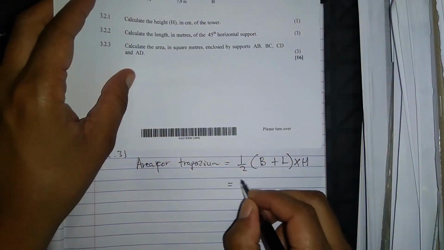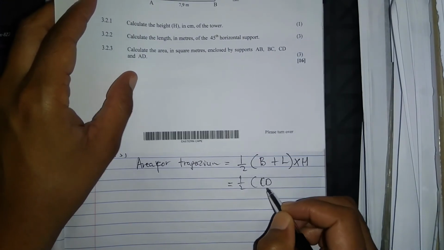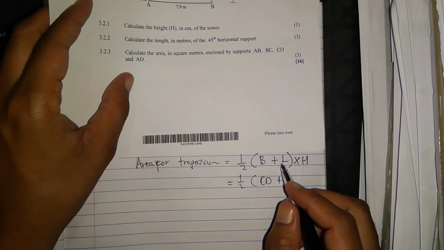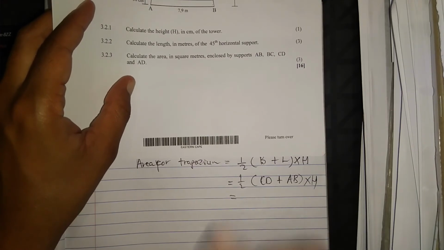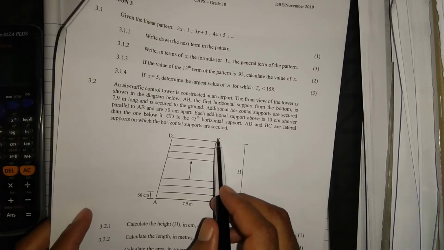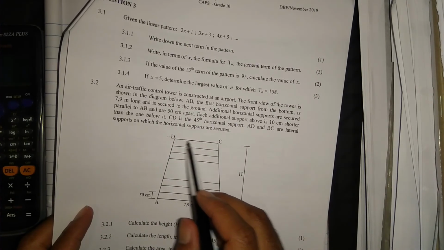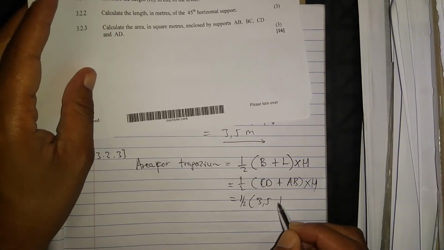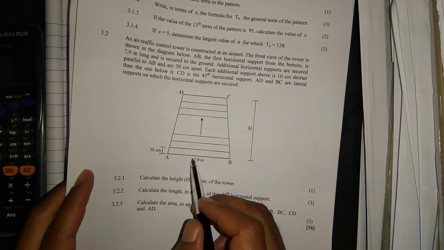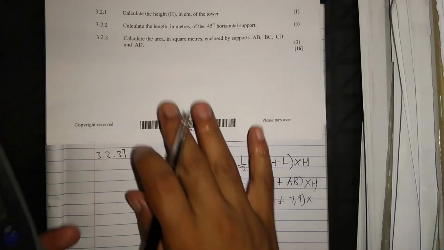In other words, the base is CD plus the length AB, and my height is h. So it's 1/2 times CD, the length of the 45th support calculated above, 3.5, plus AB, which is 7.9, times the height, which is calculated.